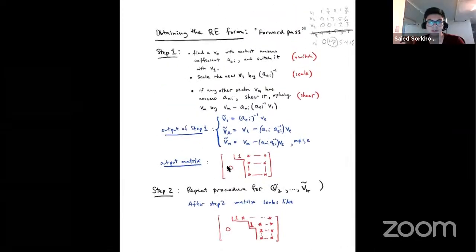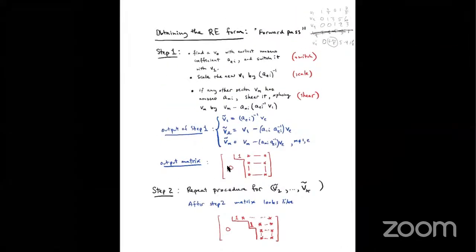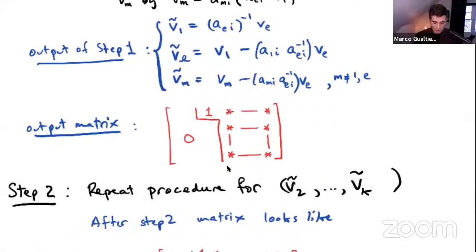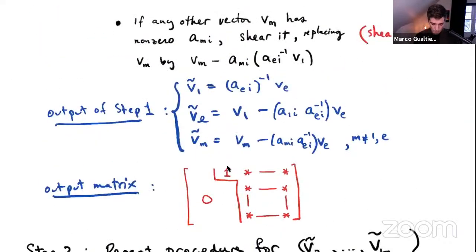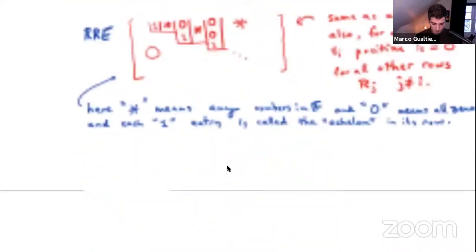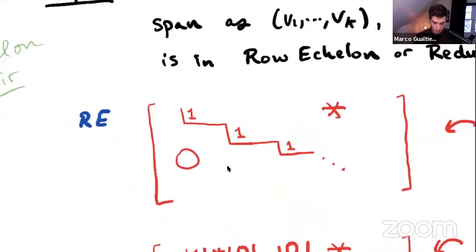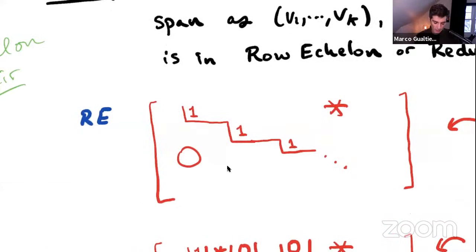Okay, so Lauren, you have a question? Yeah. I have a question about the backward pass. Why should we start from the bottom? Well, the reason is that, let's say I want to clear everything above here. Suppose there's an entry here that I want to make 0.